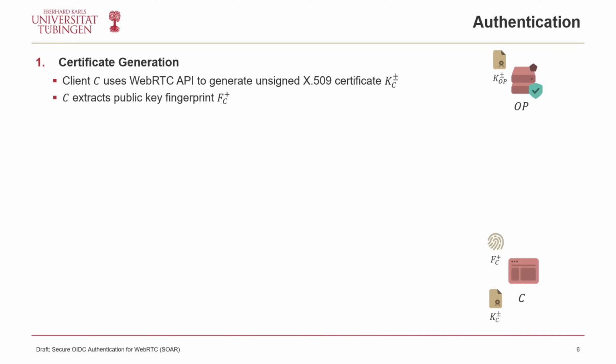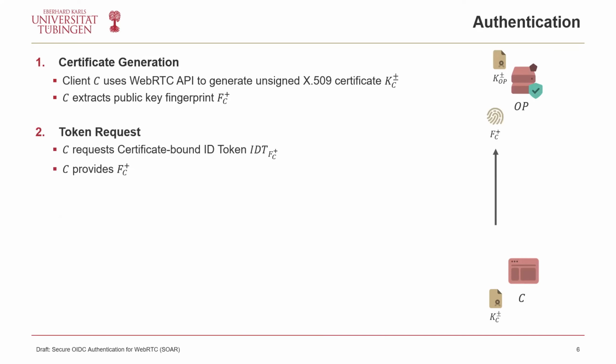And then we will extract the fingerprint of it, because that's the only thing we can do using the WebRTC API. And then we will provide this fingerprint to the OpenID provider, which gives us an ID token that is bound to exactly this fingerprint. This could be easily done by just putting it as a claim into this ID token. And that is the only thing we need to change on the OpenID provider side.